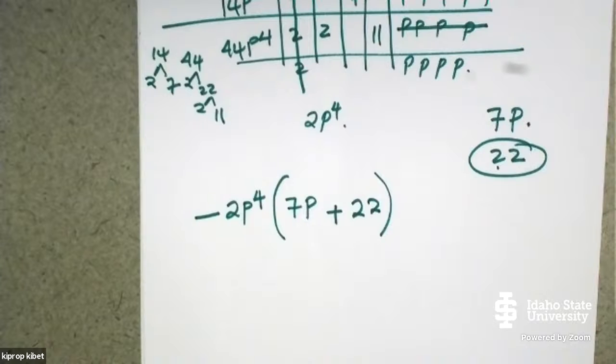What is the greatest number that when you multiply, you get 14p raised to 5 or less? 7, right? 7p raised to 4.